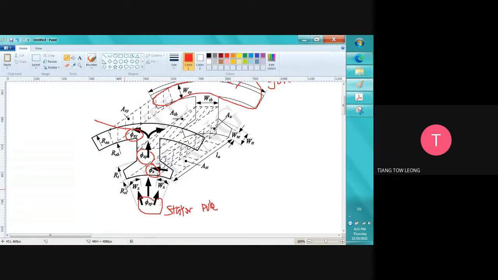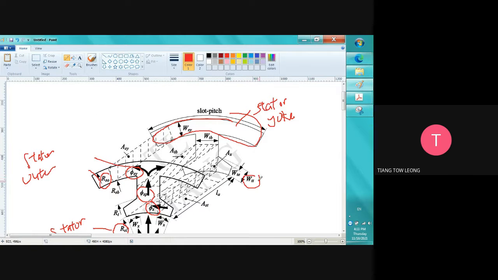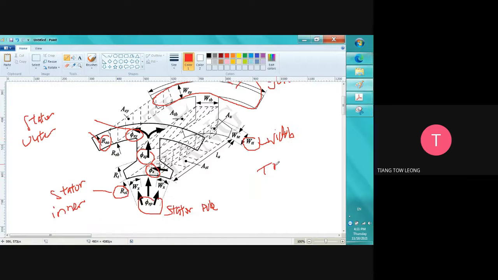And then we have RSI, the stator inner radius, and the stator outer radius. SI is the stator inner radius. This one is the stator outer radius. And then we have WTP, the width of the tooth tip.